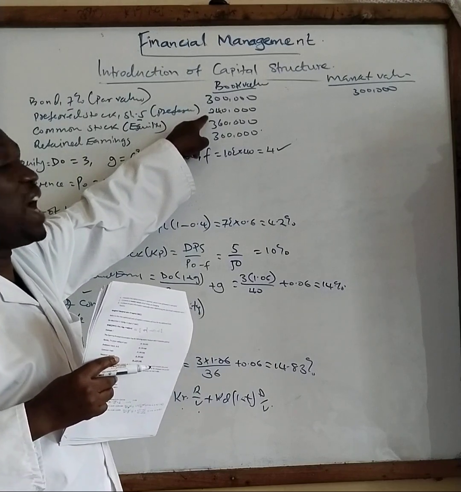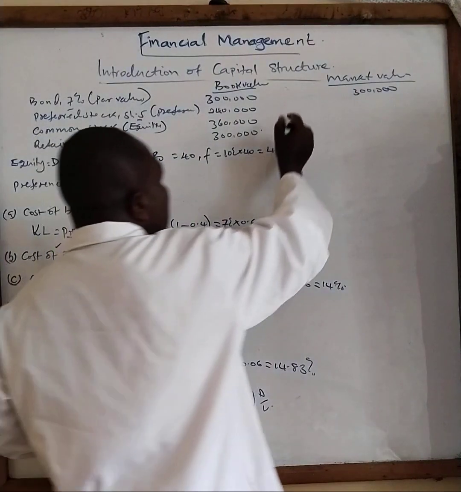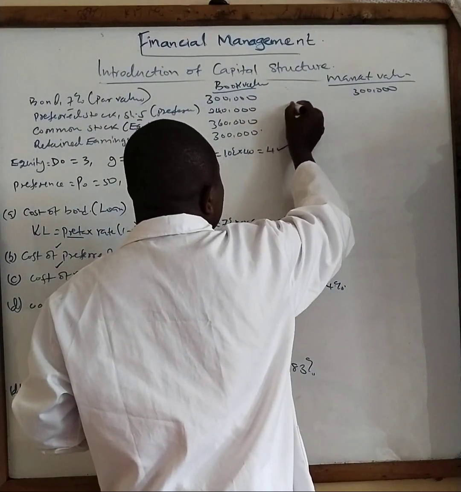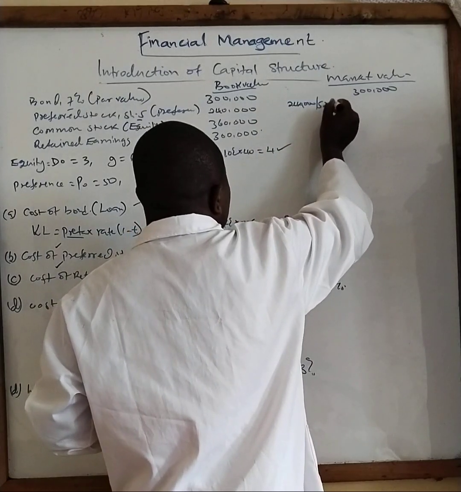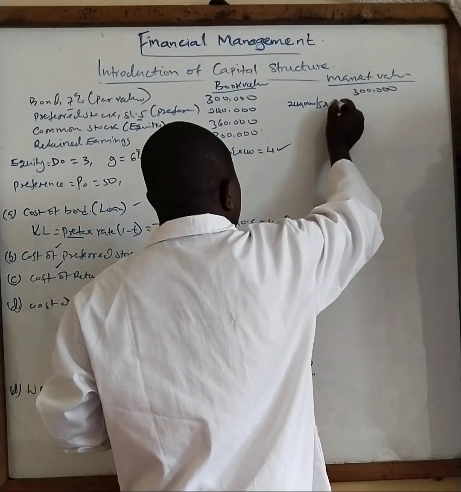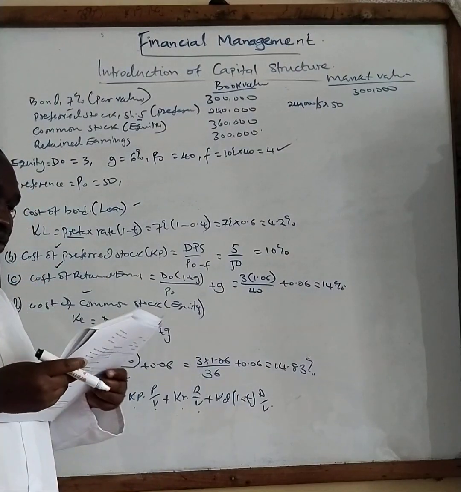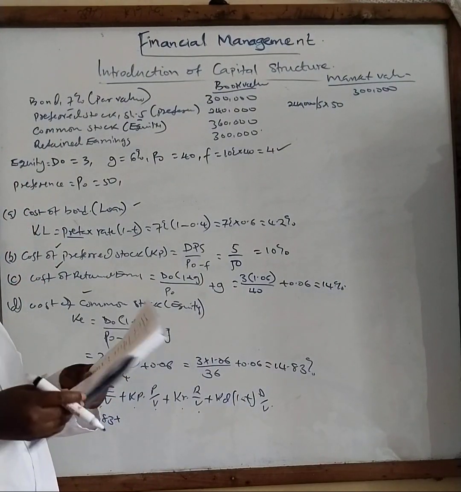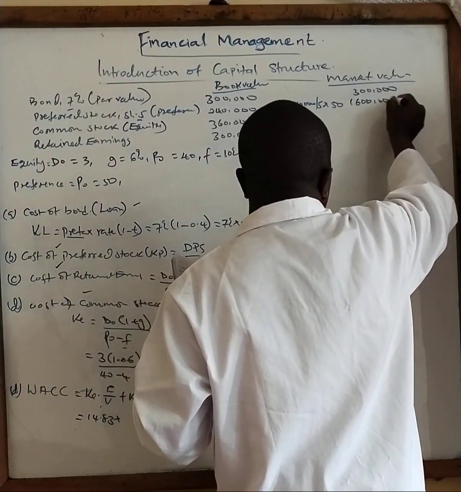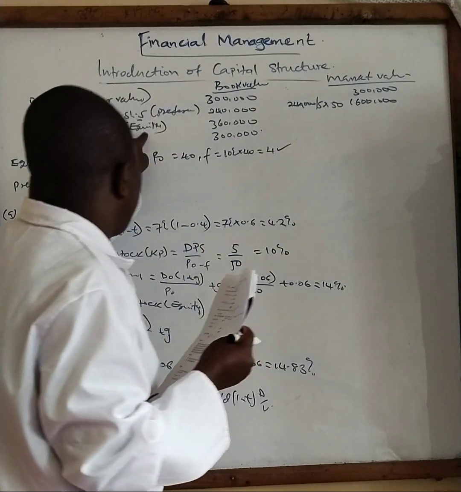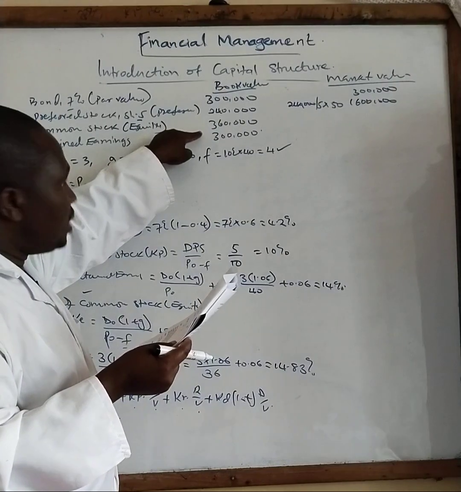To know the number of preference shares, then multiply by the market value of 50. So for this case, I will take 240,000 divided by 5 times 50 to get the market value. When you work that out carefully, your answer is 1,600,000.